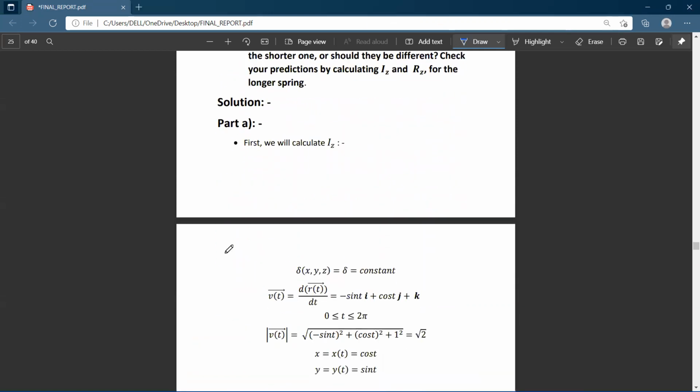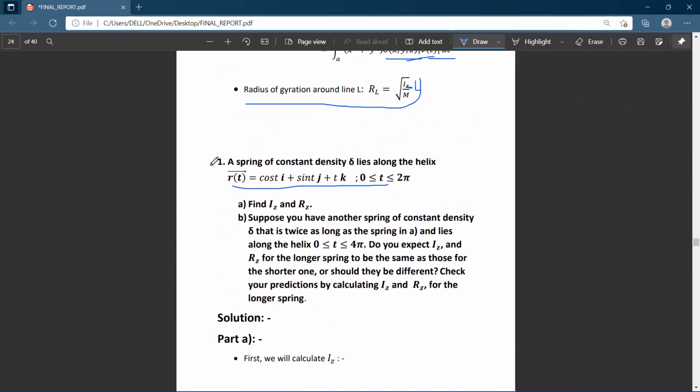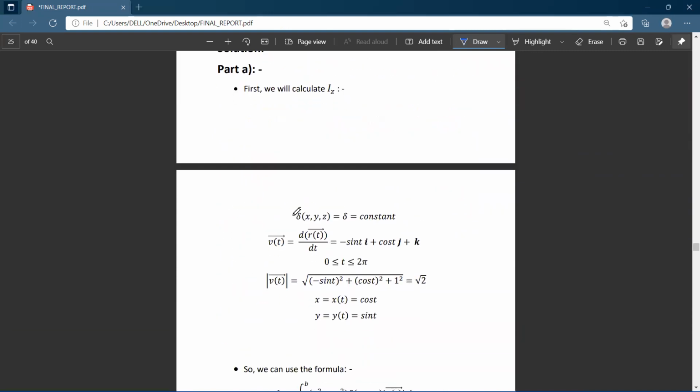First we find the moment of inertia about the z-axis. The given is that the spring has constant density delta along the helix, so we assume the density is constant over the whole object, meaning at any point of the spring the density is constant and does not change with x, y, z.